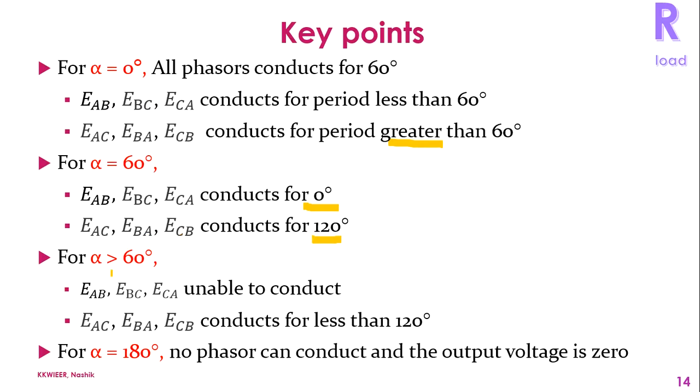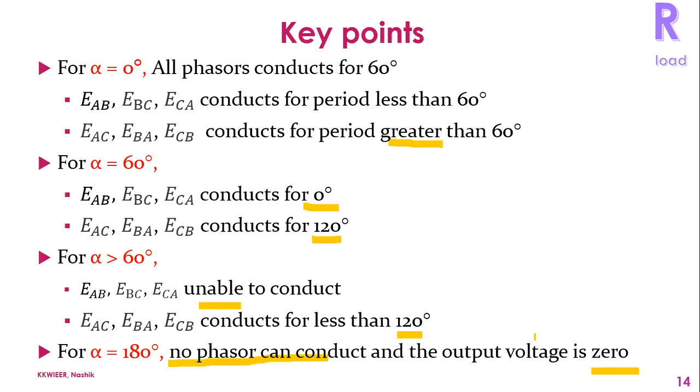For alpha greater than 60 degrees, EAB, EBC and ECA are unable to conduct, but EAC, EBA and ECB conduct for less than 120 degrees. And for alpha equal to 180 degrees, no phasor can conduct and the output voltage is 0.